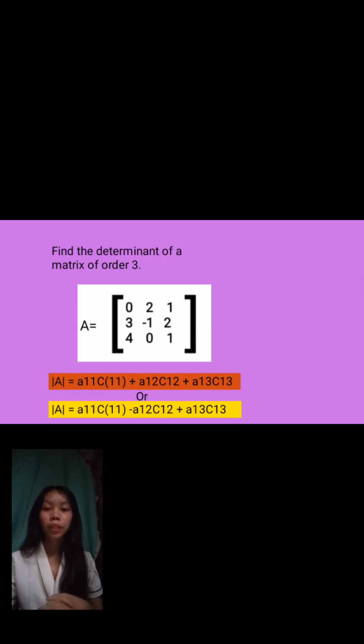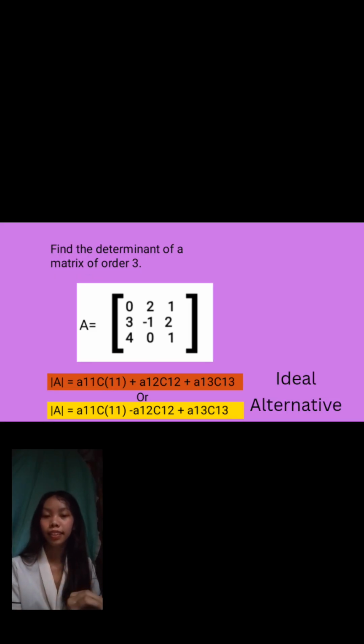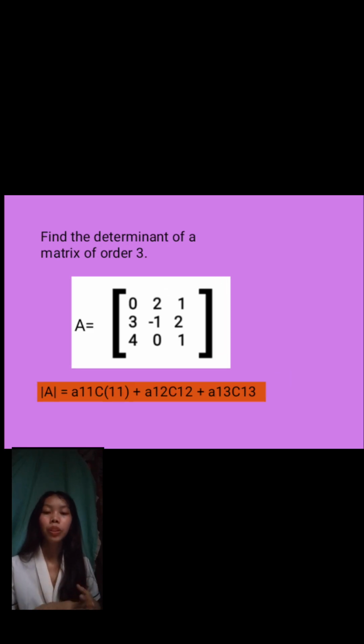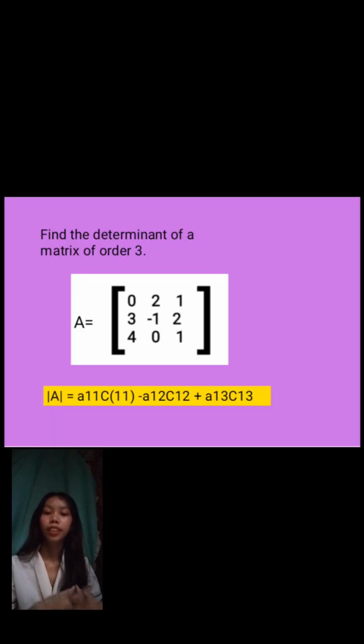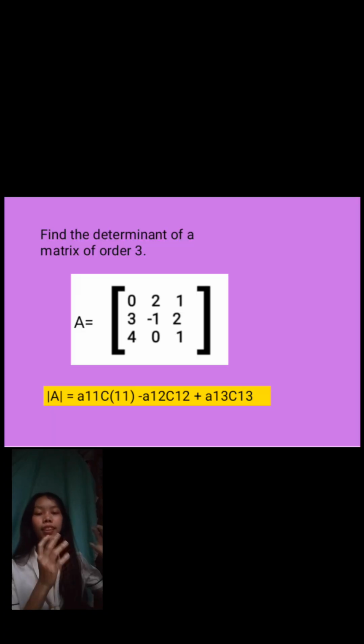Speaking of the formula of the cofactor, we have A11 C11 minus A12 C12 plus A13 C13. But in a more formal format, we usually just add the terms, using the sign patterns for cofactors. For a simple way of finding the determinant of such a matrix, we can use these equations.